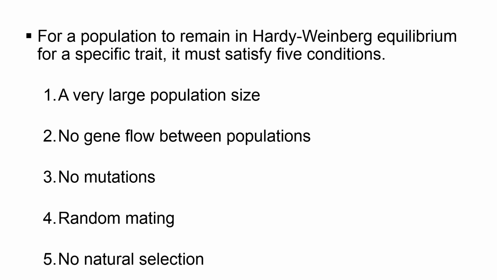Mating has to be purely random, and there's absolutely no natural selection. If any of these 5 conditions is violated, the population is going to potentially evolve. So for a population to be in equilibrium, every single one of these 5 conditions has to be met.